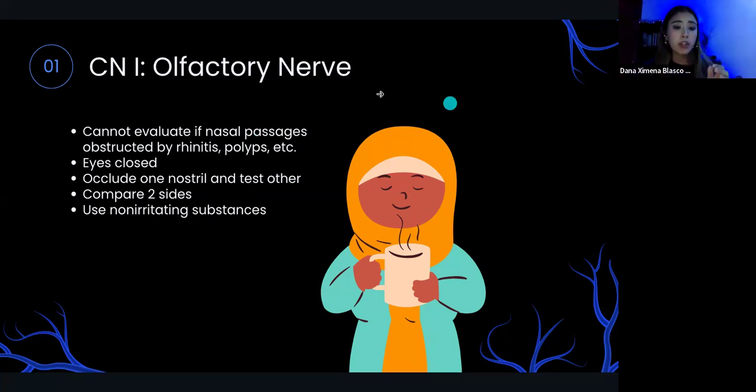So we're going to ask our patient to close his eyes. Then we're going to ask the patient to clip one nostril and test the other one that's open. And we're going to compare those sides.